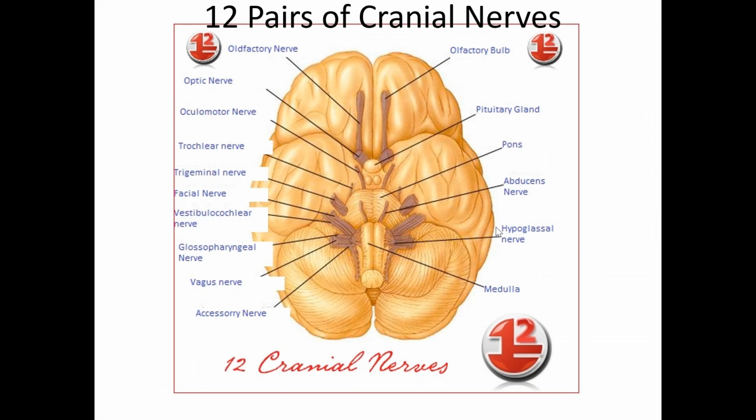So the third cranial nerve, oculomotor nerve, has a parasympathetic component, as do the seventh facial nerve, ninth glossopharyngeal nerve, and vagus nerve. These have parasympathetic fibers along with normal sensory or motor fibers.